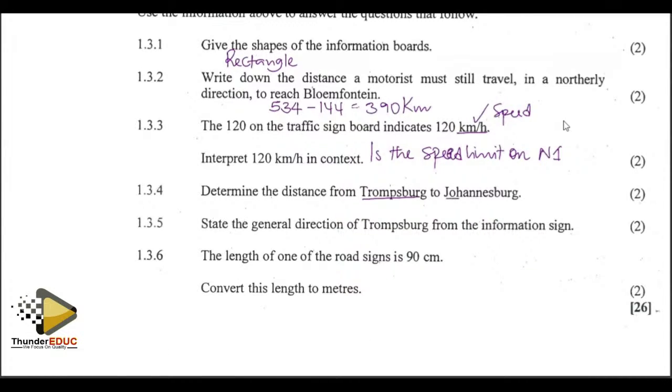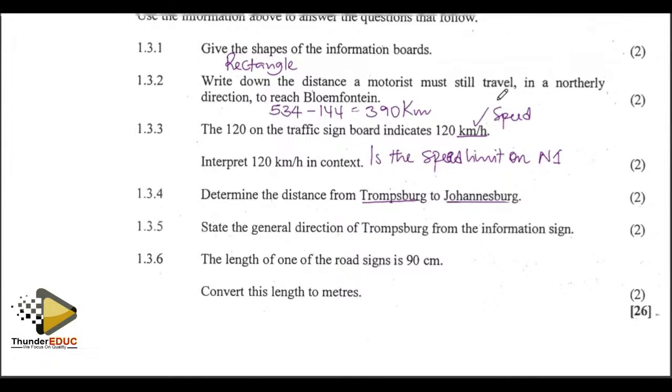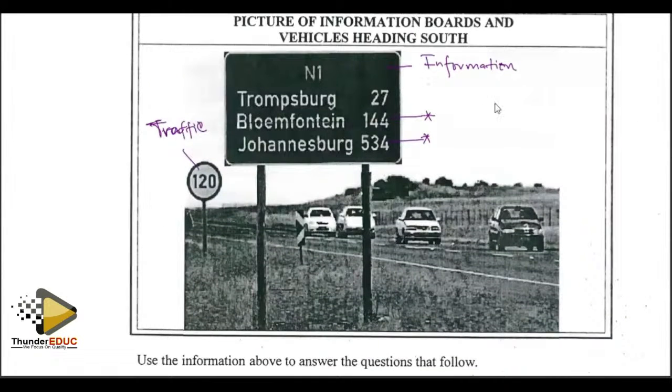Determine the distance from this place to Johannesburg. We shall go back to the table there. So now the distance we are looking at is the distance between this place here and this place here. This shall still be subtract, which is 534 minus 27, and you'll end up having 507 kilometers.